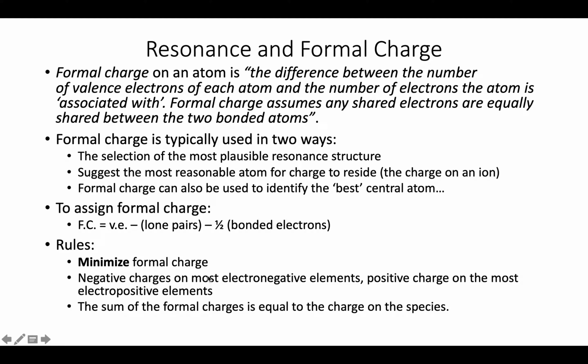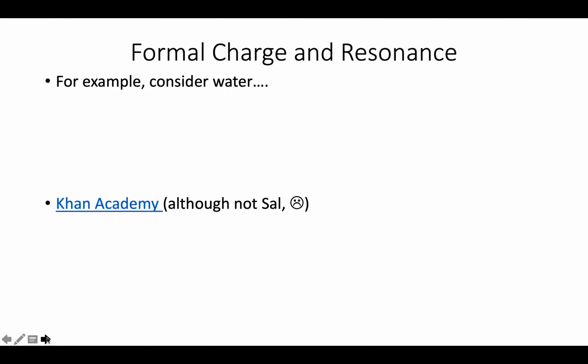But if there are formal charges, then the negative formal charge goes on the most electronegative element, and the positive charge goes on the most electropositive element, or the least electronegative. And the sum of the formal charges has to equal the charge on the species. So back there when we did the nitrate ion, the sum of the formal charges on the nitrogen and the 3 oxygen has to equal -1. If it's not an ion and it's a molecule, the sum of the formal charges has to equal 0. And I'll show you what I mean by all that noise right along about now.